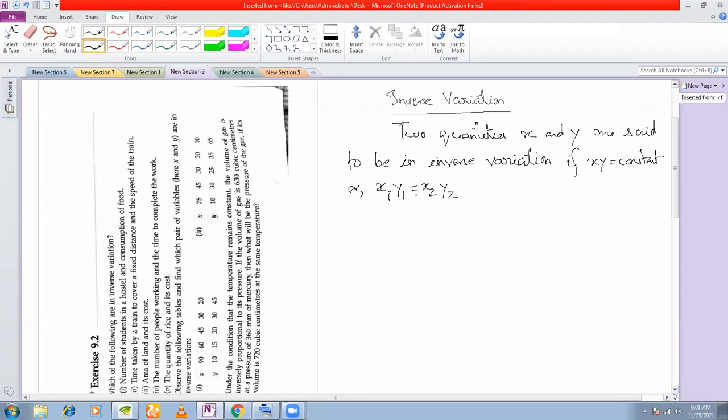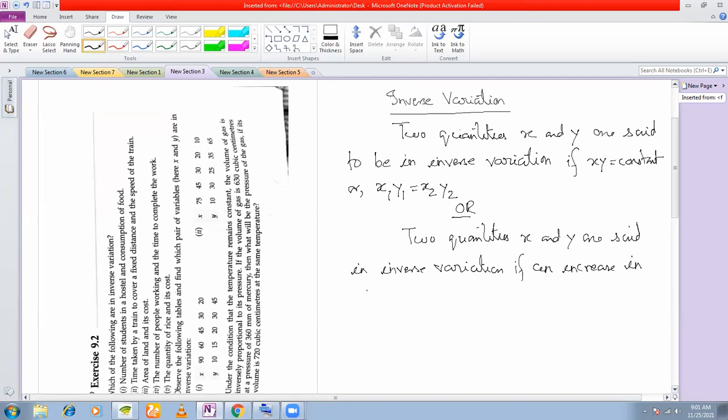Okay. So there x1 by y1 was equal to x2 by y2. In this case, we have x1 y1 is equal to x2 y2. Or the alternative definition, as I told you, is two quantities x and y are said to be in inverse variation if an increase in one causes a decrease in the other.